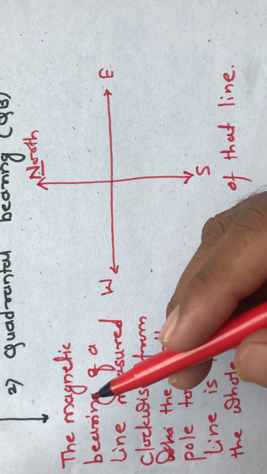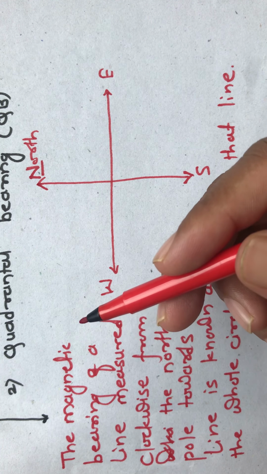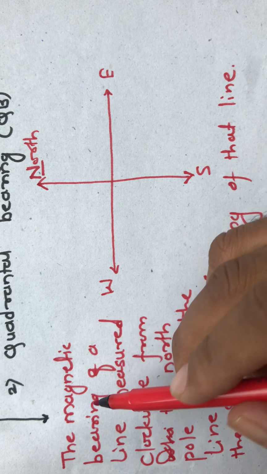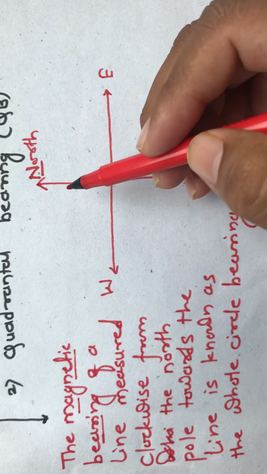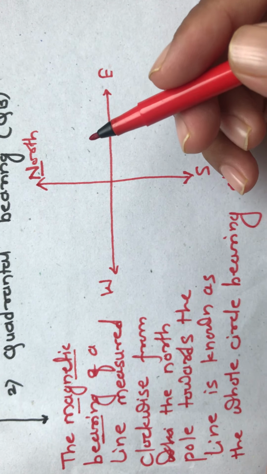It indicates a direction, and this direction is known as the magnetic meridian. The angle between the magnetic meridian and a line is called the magnetic bearing. So this north shows the direction the magnetic needle shows.